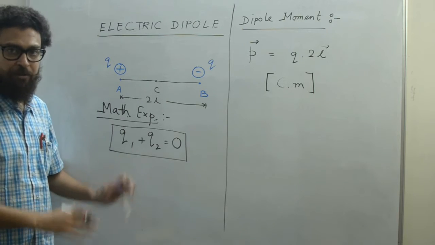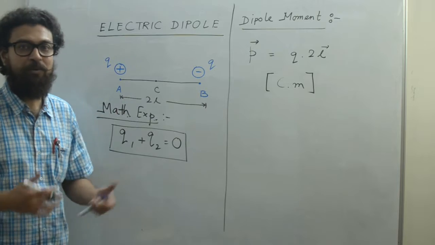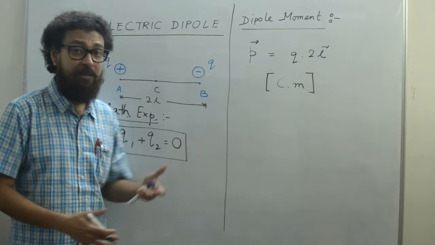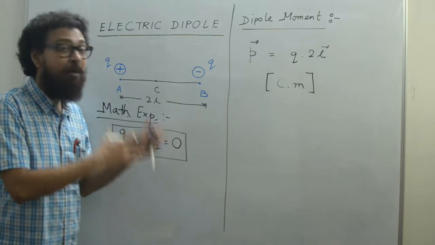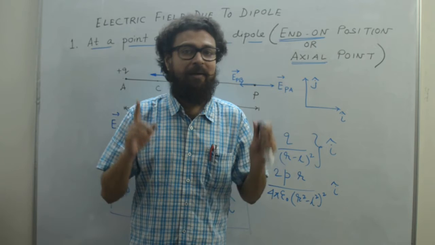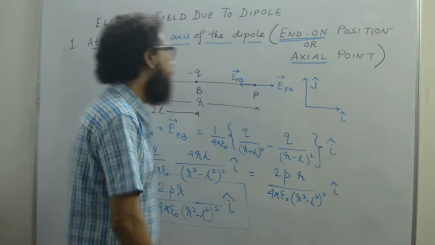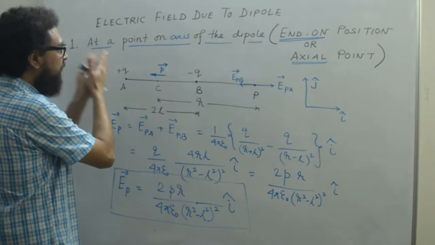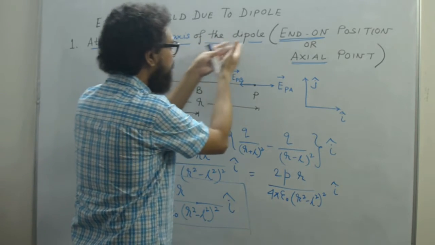So we have come to know about dipole moment. Now we are going to do very interesting things. We want to calculate electric fields with respect to this arrangement called a dipole. We have to calculate the electric field due to a dipole at a point on the axis of the dipole.